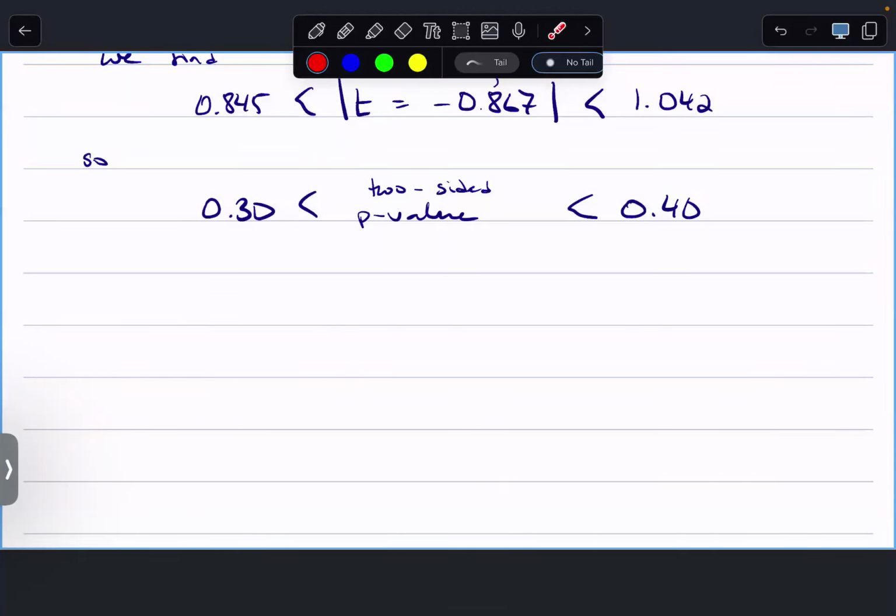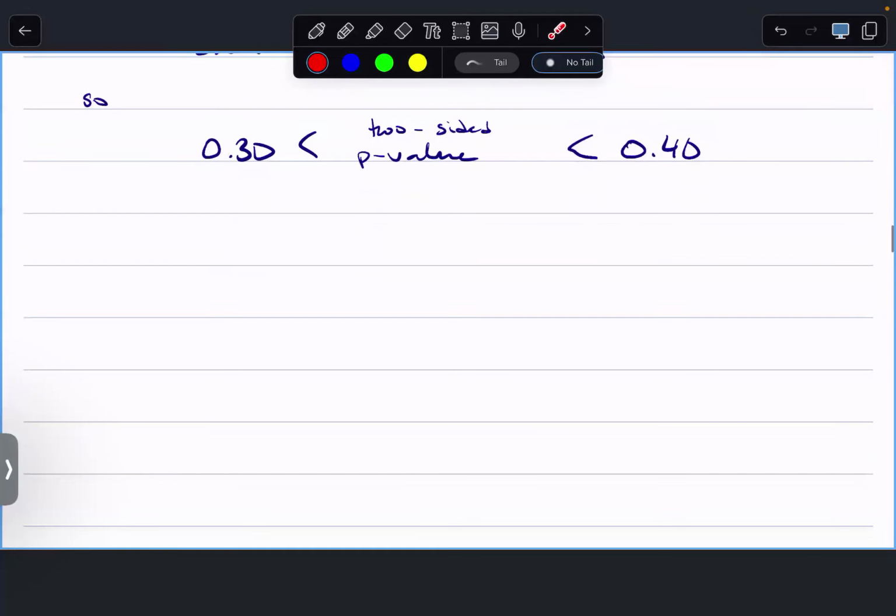P-values are probabilities, so they have to be between 0 and 1. That's your first kind of reasonable part. And they should be kind of on the lower end, right, in the tails. And so just remember that. And then as long as your conclusion follows what you told me you were going to use, I can't complain, or I won't complain, rather.